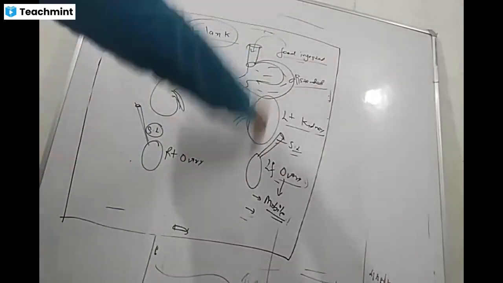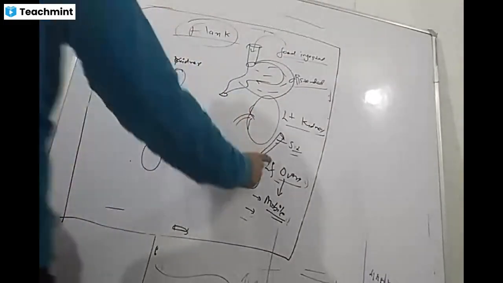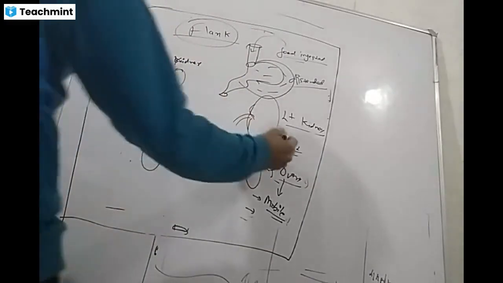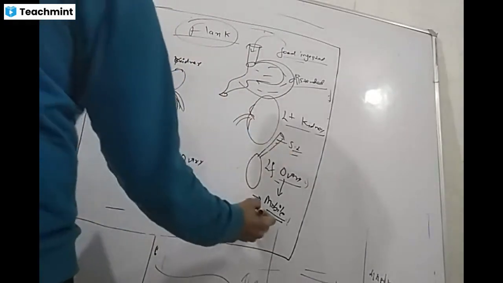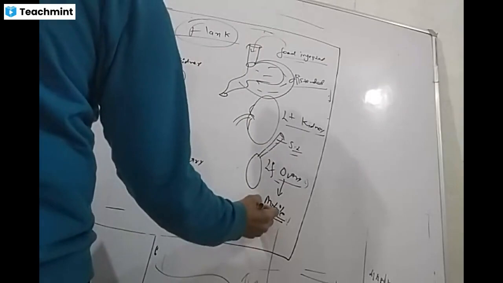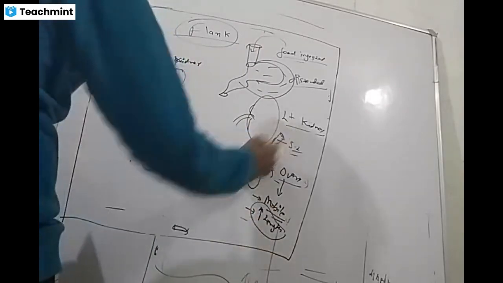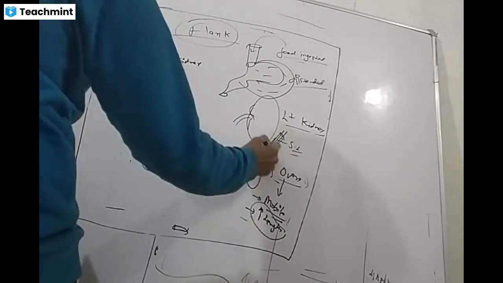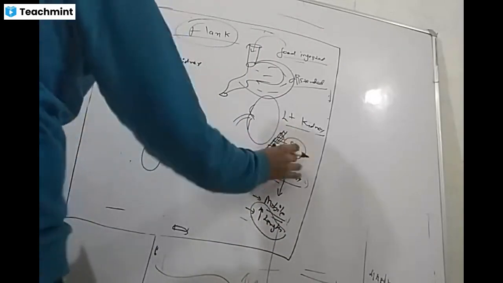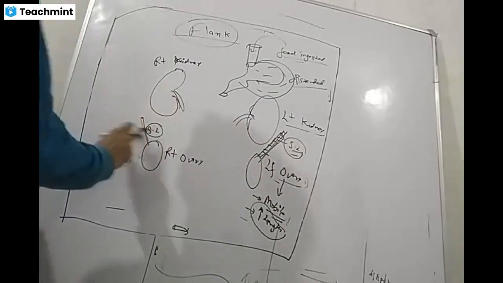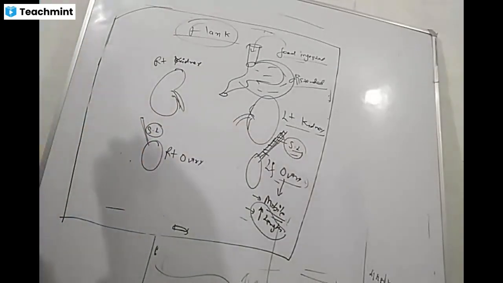Because of this continuous movement, the suspensory ligament of the left ovary is more in length. The length of the suspensory ligament of the left ovary is more than the length of the suspensory ligament of the right ovary.